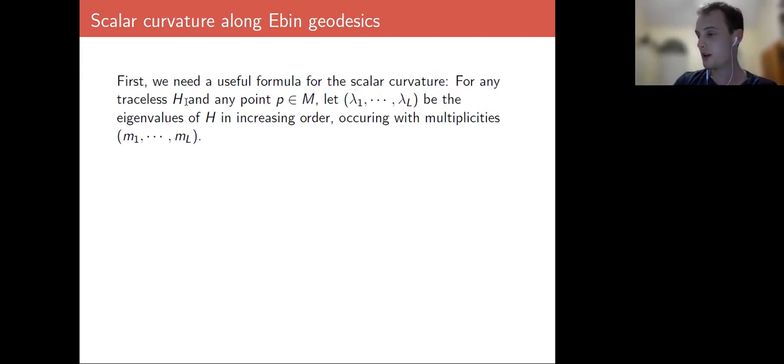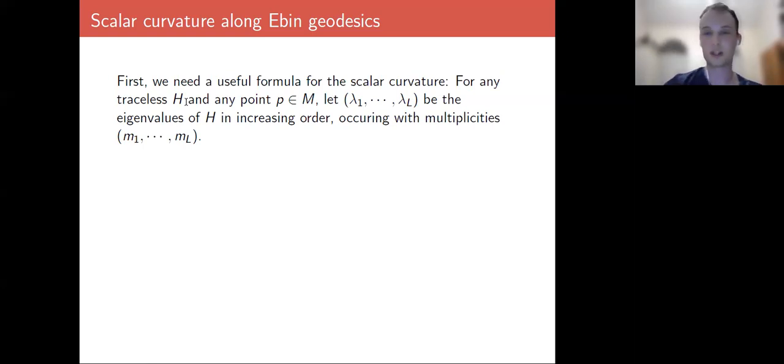Now, the eigenvalues of H and the multiplicities of the eigenvalues of H play a very, very important role in this theory. So we take our eigenvalues, lambda1 up to lambda L, and let's suppose that they have the multiplicities M1 up to ML.